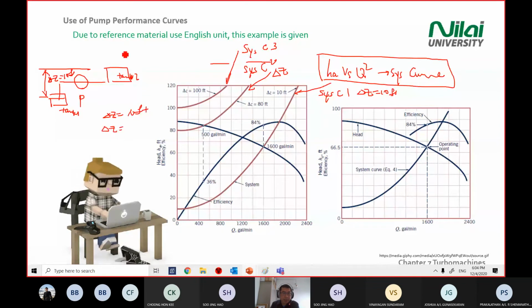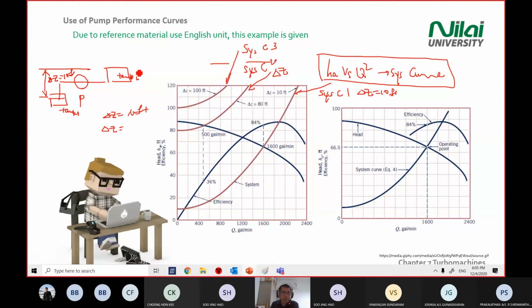Do you move your tank a bit higher, or do you need to transfer water to a higher elevation, like a mountain? You need to transfer your oil or gas from a ship and then move it to a factory on the mountain. So what happens to your equation? The first one is 10 feet only, so we look at 10 feet, we have this line.